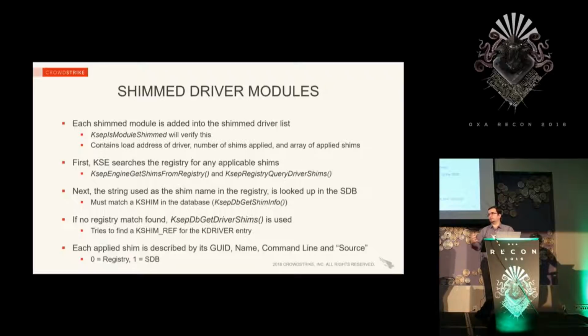So I can either shim a driver by putting that in the registry, or I can shim a driver by putting that in the SDB. And then each shim is described, like I mentioned, by a GUID, a name, a command line, and also source. So you can know, was this driver shimmed because of the registry, or was this driver shimmed because it was in the SDB file, which again is useful once we go and dump these things in memory.